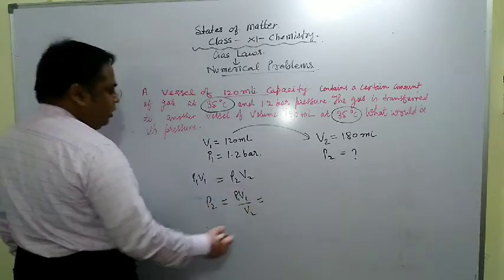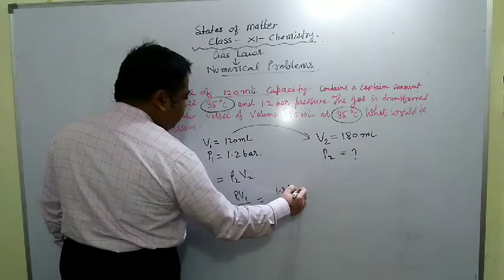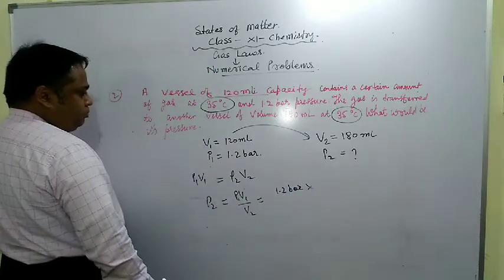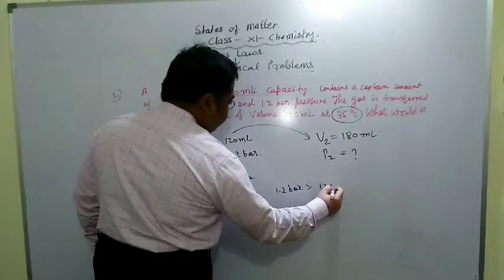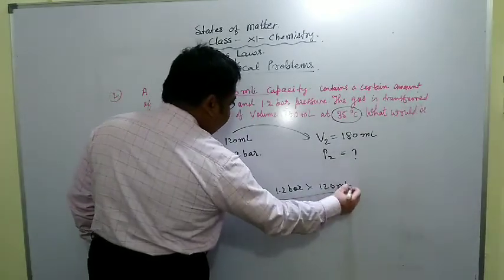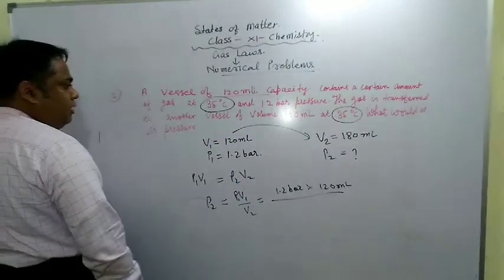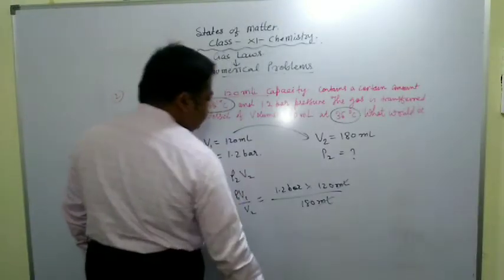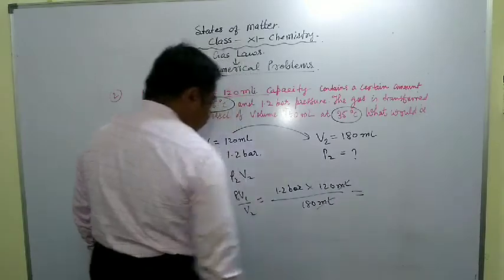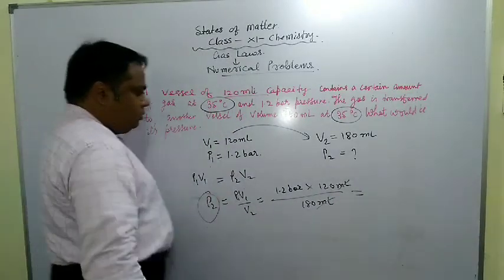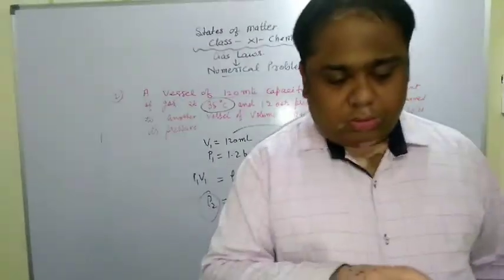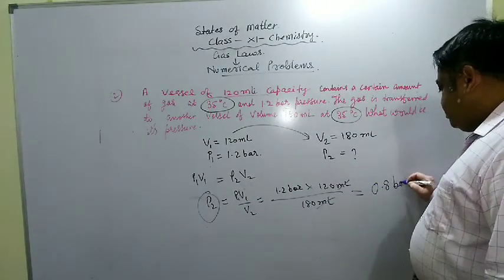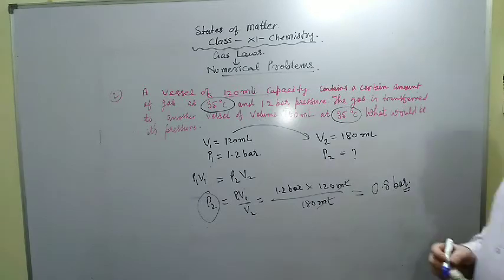We put the value 1.2 bar into 120 milliliter divided by 180 milliliter. This and this cancelled. If we calculate this, we will get P2 equal to 0.8 bar. This question is also taken from NCERT book.